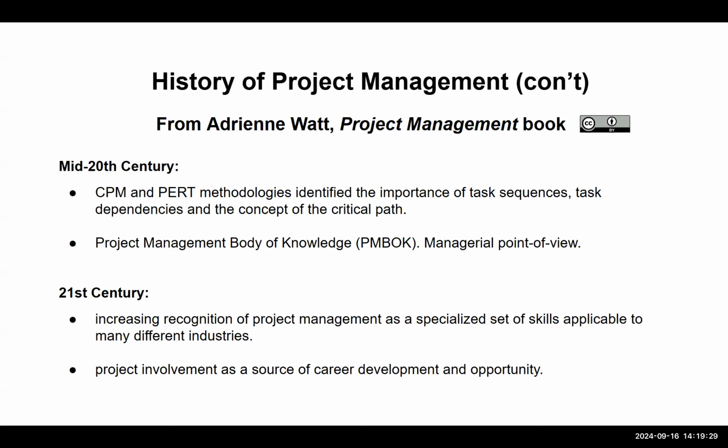So in the mid-20th century, we get CPM and PERT methodologies, which identify the importance of task sequences, task dependencies, and the concept of the critical path. So again, this is kind of like this idea that you have some tasks that need to be performed for other tasks. Some tasks are done in a sequence. So this is kind of like these workflows that we've talked about, where you start with one thing and you start with another thing. You might have tools that need to work in concert.